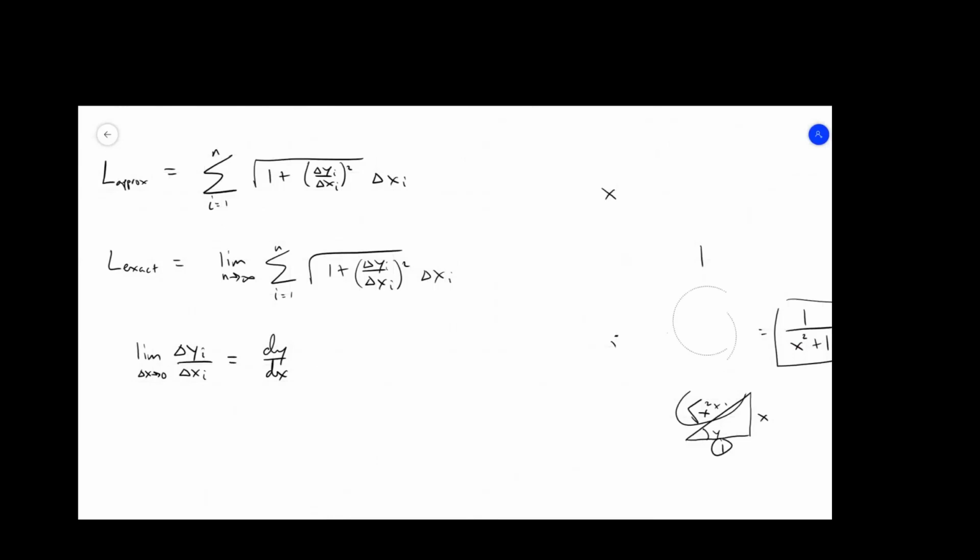That means that we can rewrite this formula for the exact length, and the rest of that is pretty much exactly what we've seen to define a definite integral, and so that's exactly what this is. This becomes a definite integral with that delta y over delta x becoming the derivative.